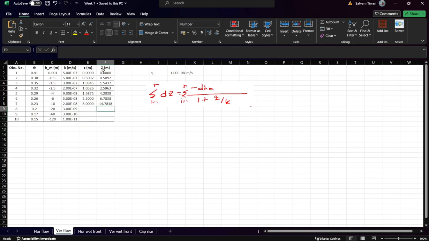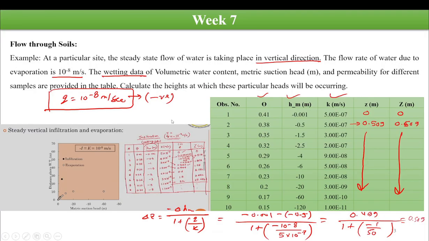Here again, we can plot the variation of Z with K, and the variation of Z with height, etc. So take your time to look into this numerical once again, so that you can let me know if you have any doubts.